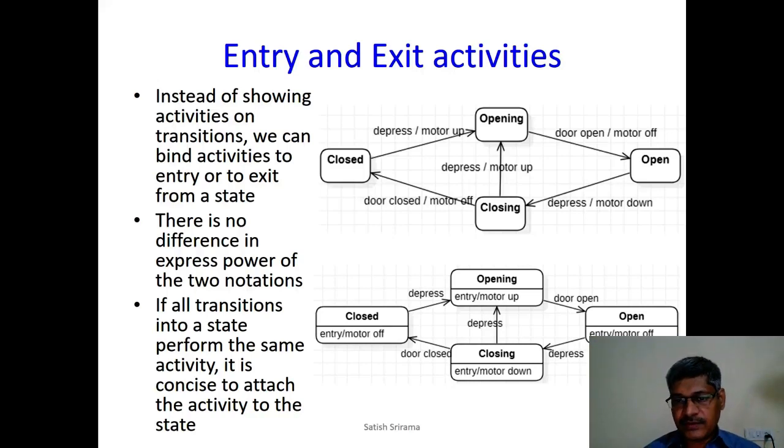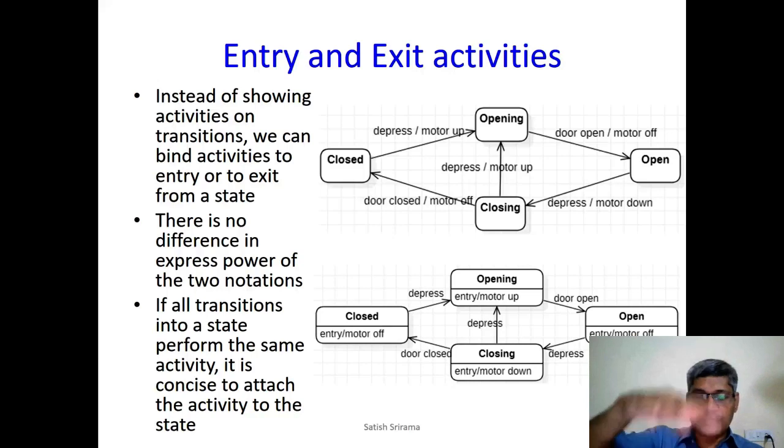But for safety purposes, if the door is opening and you press the button, it will continue to open. It has to fully open before you can close it again. That's for safety purposes. For example, if the door is closing and all of a sudden a child or something has fallen in the middle, you immediately press it and it opens.